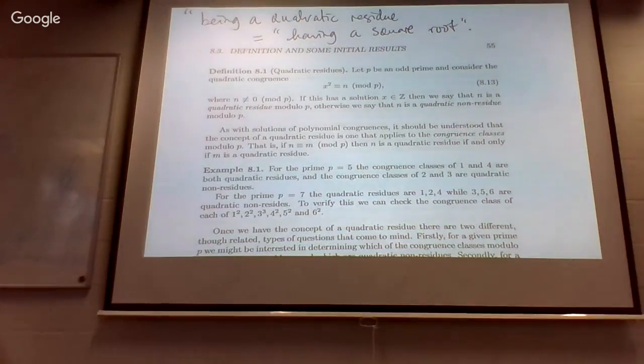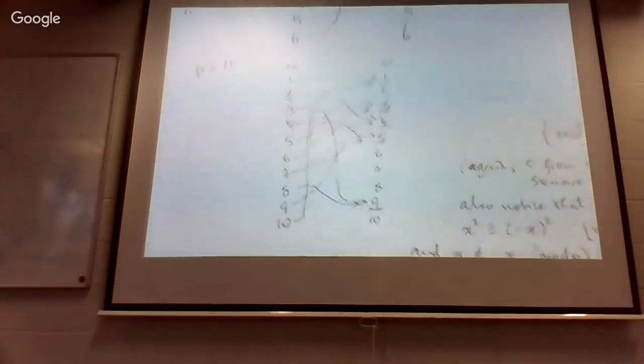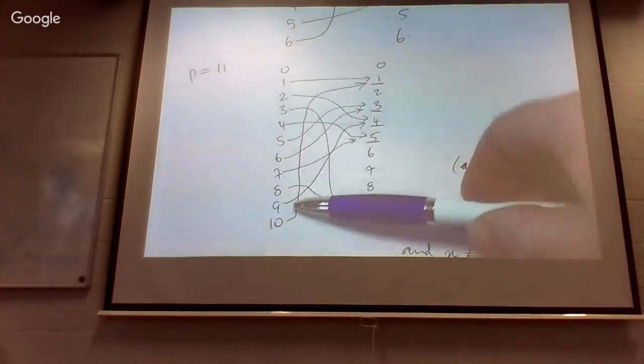So in real arithmetic, it's easy to recognize the things that have square roots. They're the positive numbers. The negative numbers, they don't have square roots. Maybe the situation is like that in modular arithmetic too. But what are the positive numbers in modular arithmetic? When we were looking at our examples here, mod 11, you've got congruence classes labeled by these things.